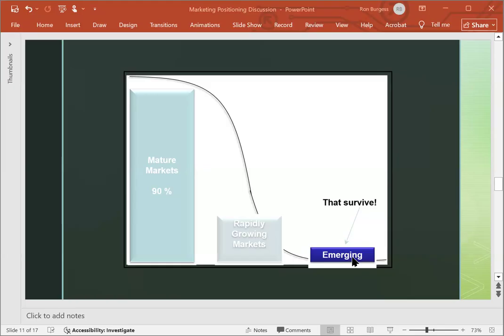The emerging market, the innovation, those are teeny, teeny percentages, and most of those die. Just as in the PC example, you've got dozens of them that tried to get into that business, and only three or four major brands even survived.